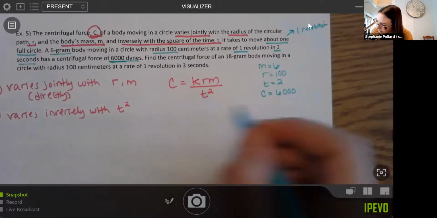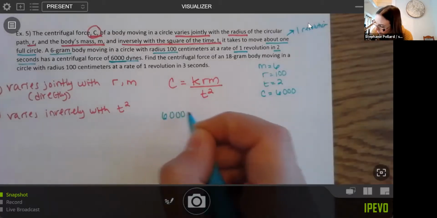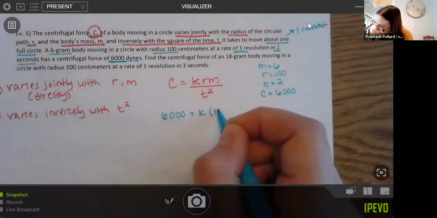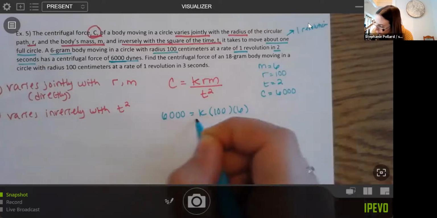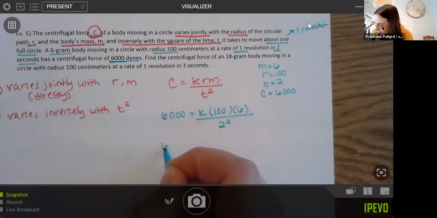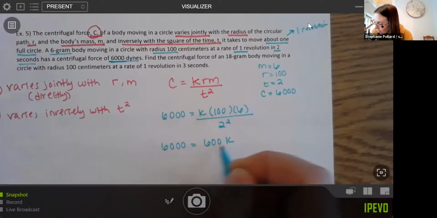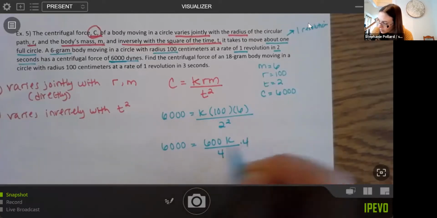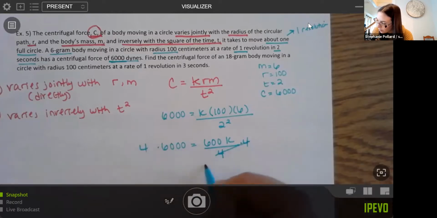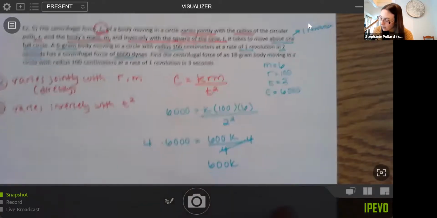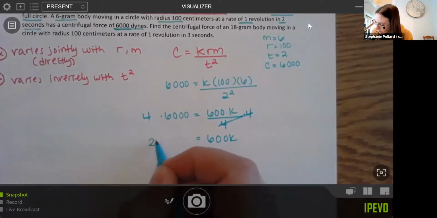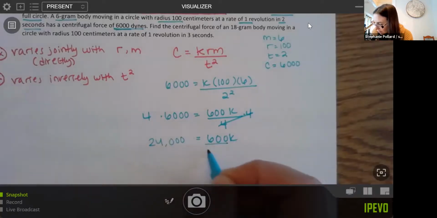All right, so let's plug everything in. 6,000 equals K times 100 times 6 over 2 squared. So 100 times 6 is 600, so I have 600K over 4. Different ways to solve, but I can multiply by 4 first, kind of cancel out that fraction. So I have 24,000.